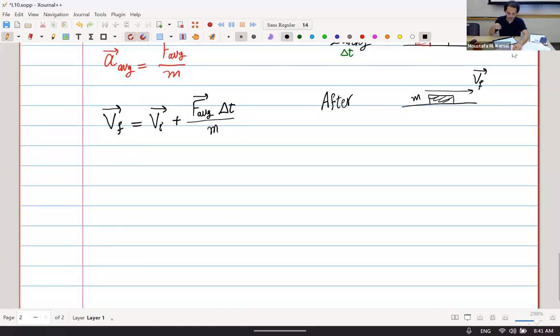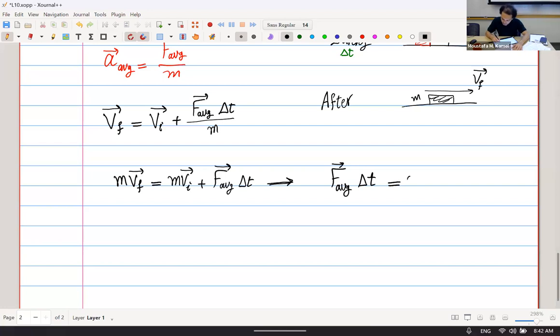We can multiply both sides of the equation by the mass to get MV final equals MV initial plus F average delta T. Or we can rearrange that, putting F delta T on one side and MV on the other side to get this very important relationship.